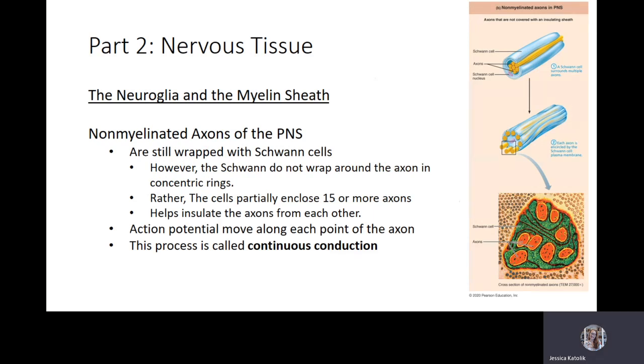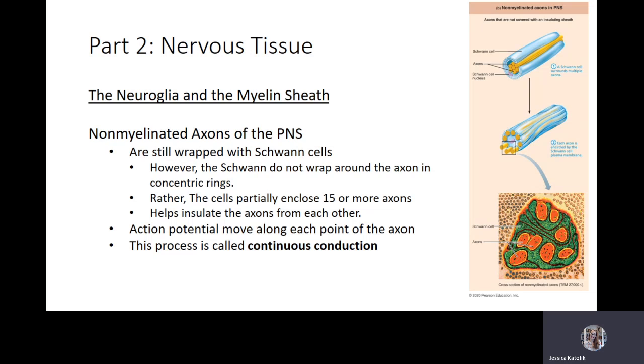I think it is also important to talk about cells in the peripheral nervous system that are not myelinated. The axons that are not myelinated are still going to be wrapped with Schwann cells, but the Schwann cell is not going to wrap around the axons in a concentric pattern.